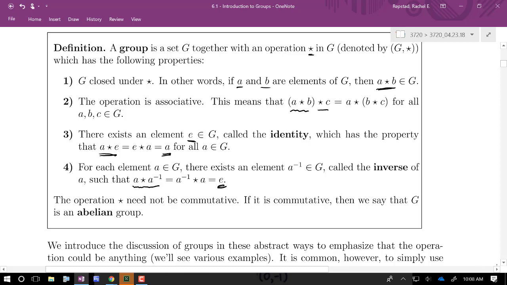The operation need not be commutative, and that's really important. There are some cases where the operation in a group is commutative, and we call those abelian groups. But in general, there are groups where the operation is not commutative, and we will in this chapter see an example of one or two of those.